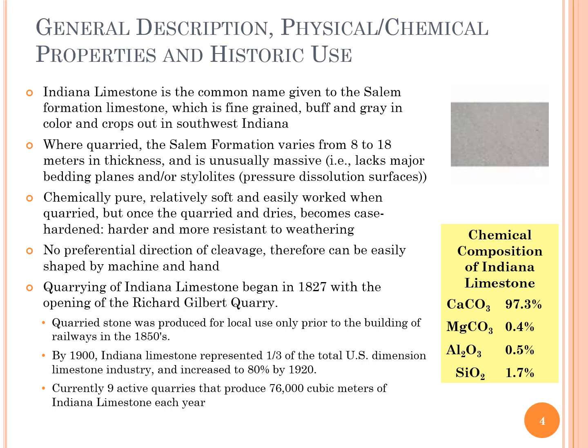Can you believe it? 80% of the dimension stone used for building by 1920 was Indiana limestone. Very, very popular. And currently, there are still 9 active quarries producing over 76,000 cubic meters of Indiana limestone every year.